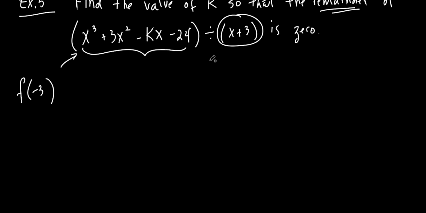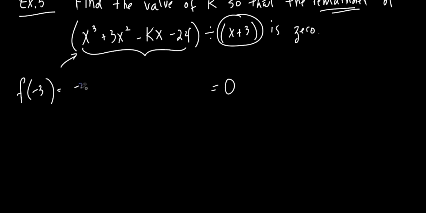Should be pretty easy. Now remember, if I put f of negative 3 in for this, what should that have to equal in order for the remainder to be 0? It's got to be equal to 0. So that's what we're going to do. We're going to plug a negative 3 in for all this and set it equal to 0. You with me? All right, let's do it.